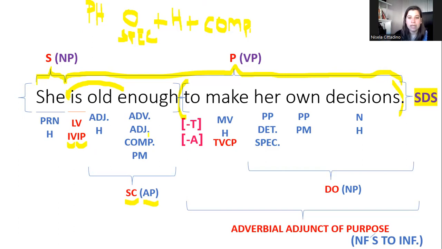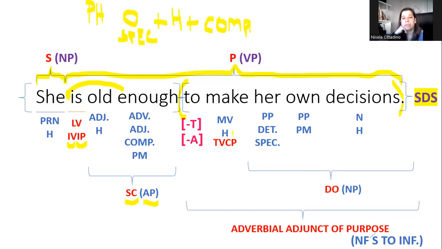Okay? Now, let us go to the second clause of this sentence, which is to make her own decisions. To, we mark it with no tense, no agreement, as we did before. Make is the main verb and the head of the verb phrase.